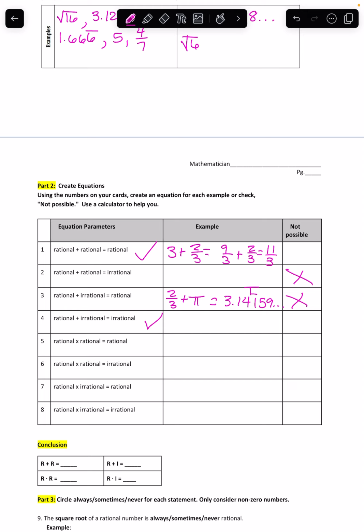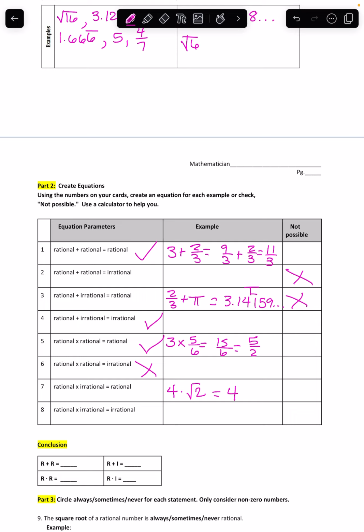A rational times a rational, so 3 times 5/6 is going to equal 15/6, which simplifies, if I divide by 3, to 5/2. So yes, that's rational. A rational times a rational gives an irrational? As we can see, no. A rational times an irrational is a rational? Let's do 4 times the square root of 2.